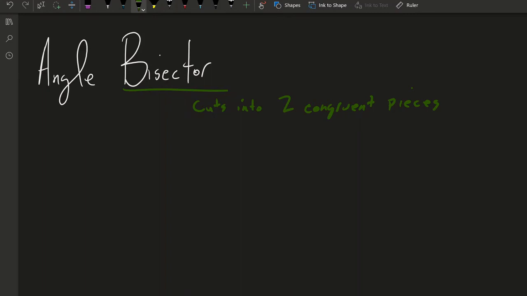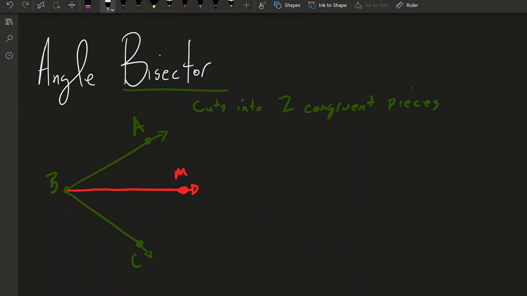So if I have an angle bisector, that means that I have something that cuts another angle in half. So let's bring back angle ABC, and in order for us to have an angle bisector, it would have to be a ray that cuts the angle directly in half.